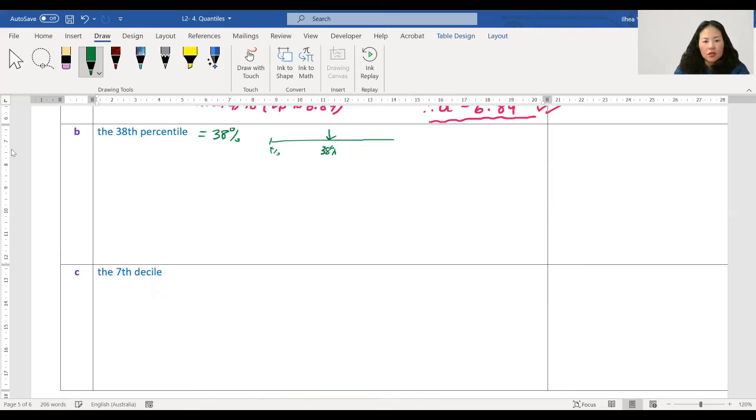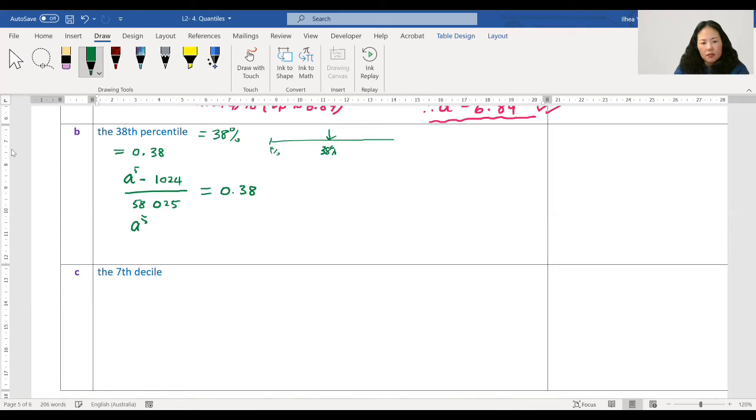So that means 0.38. Remember, we are not going to use percentage, we're going to use decimal. So I'm going to do a to the power of 5, take away 1,024, all over 58,025, equals 0.38, because it says 38th percentile.